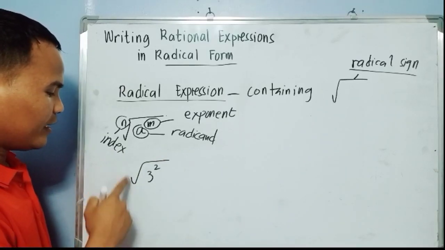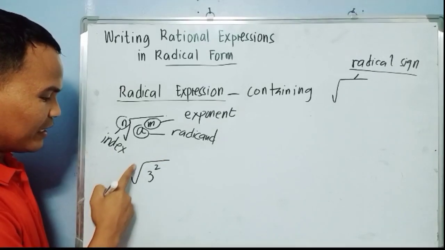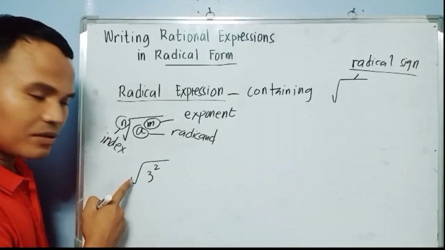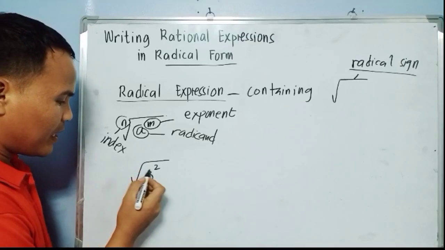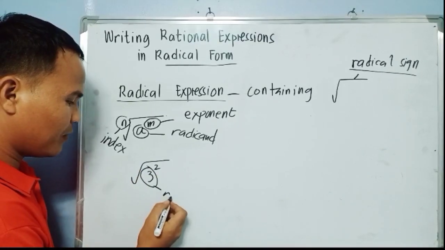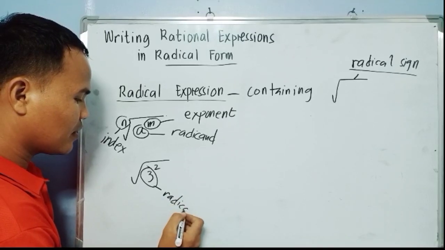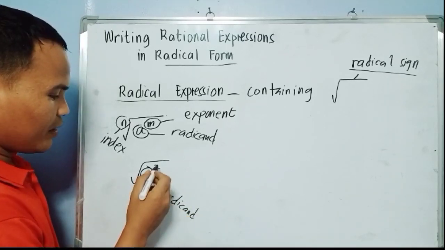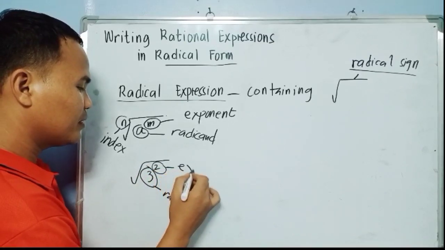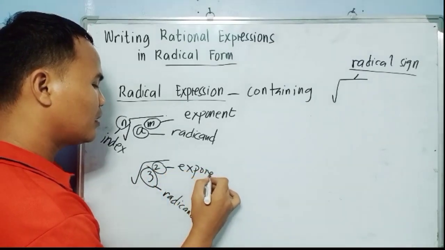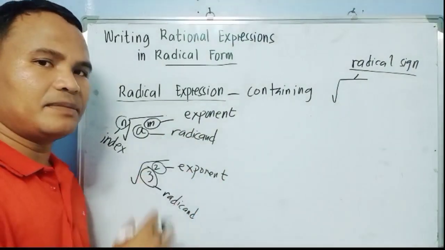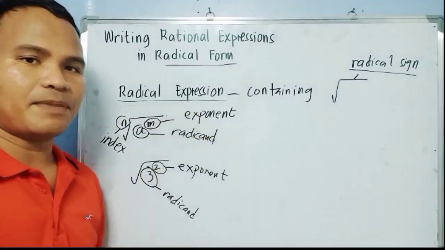The index here is 2. So kung wala kang may makita diha nga number, automatic diha ang index nato is 2. Here our radicand is 3. This is our radicand. And our exponent of the radicand is 2. That is our exponent. So, mao ni siya ang mga term na gigamit sa radical expression.